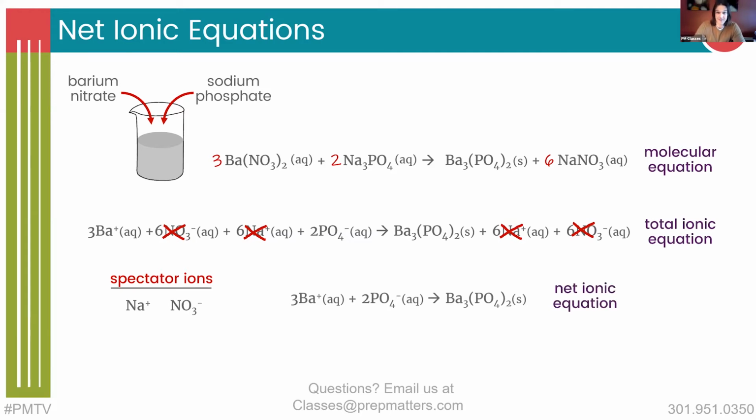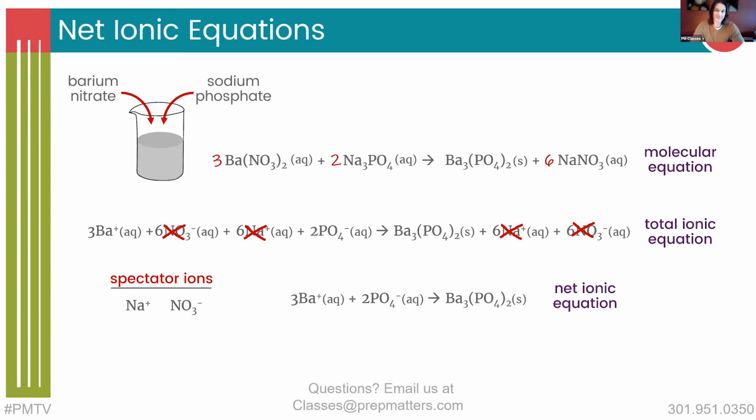And the net ionic equation is just much more helpful to think about, because really, when we talk about mixing barium nitrate and sodium phosphate in a beaker, the reaction that's happening is much better represented by just saying barium plus phosphate gets together to make barium phosphate, because that's what's actually happening. So it's nice to choose the type of equation that actually represents the reaction that is happening.